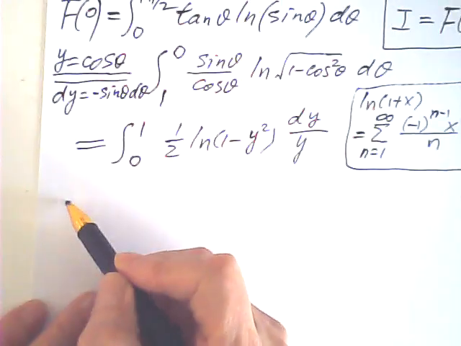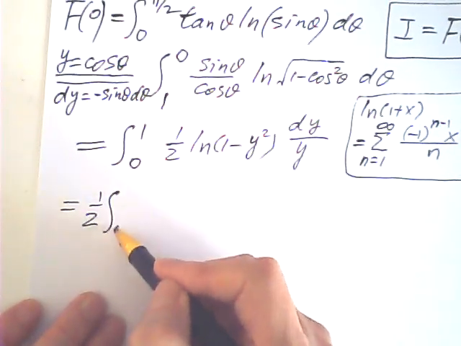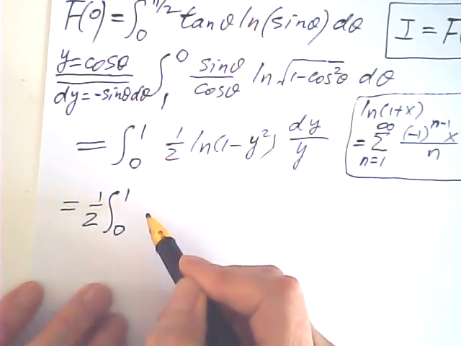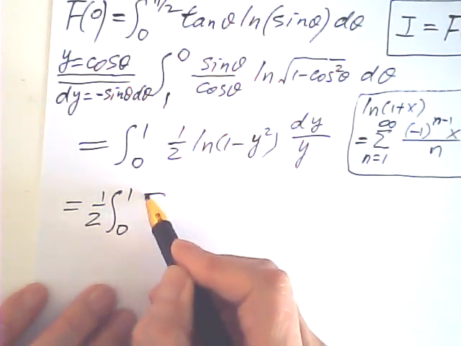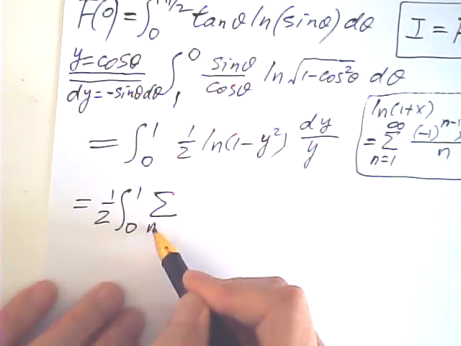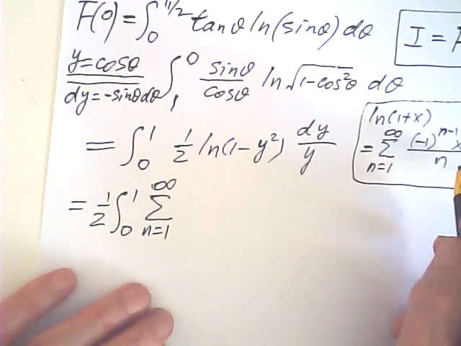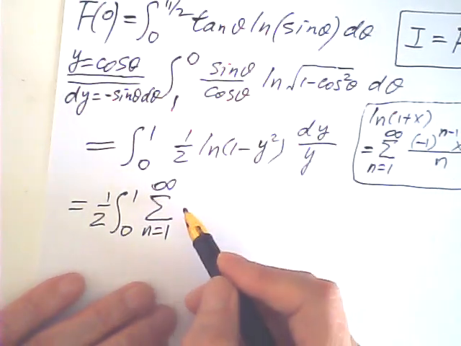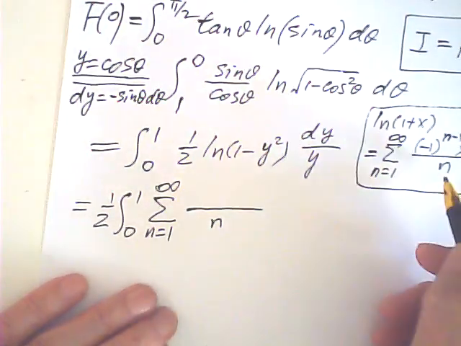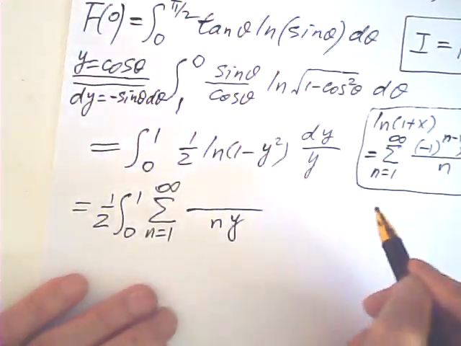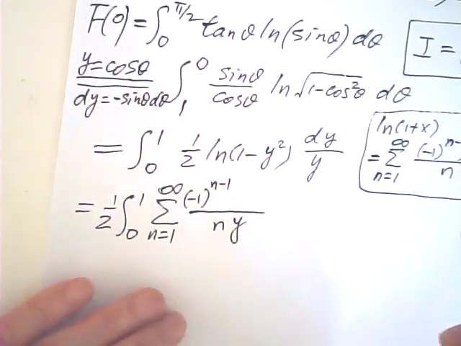So this is equal to 1 half integral and summation n equal to 1 to infinity. This one is using this, right? This one is equal to n y, negative 1 to the n minus 1.